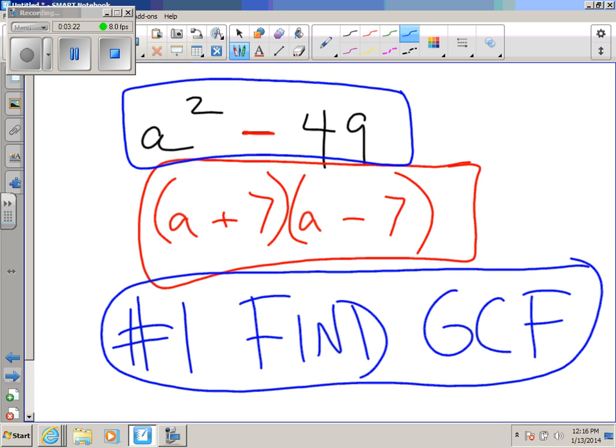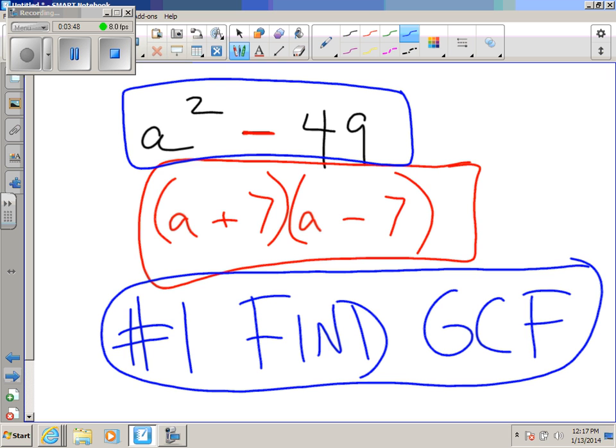Do they have any factors in common? They don't have 7 in common. A squared, are there any digits there? No. They didn't have anything in common, so I could go right ahead and factor it out as a plus 7, a minus 7. Okay? Then I had the green light.